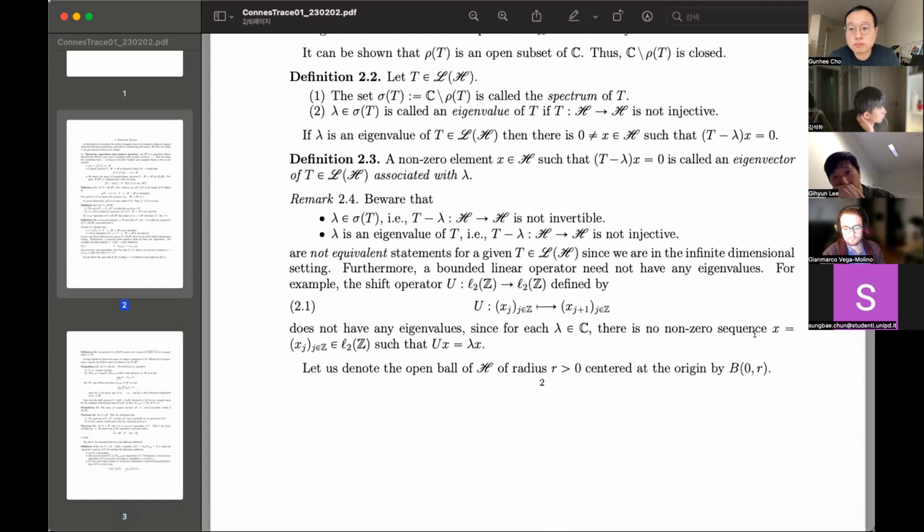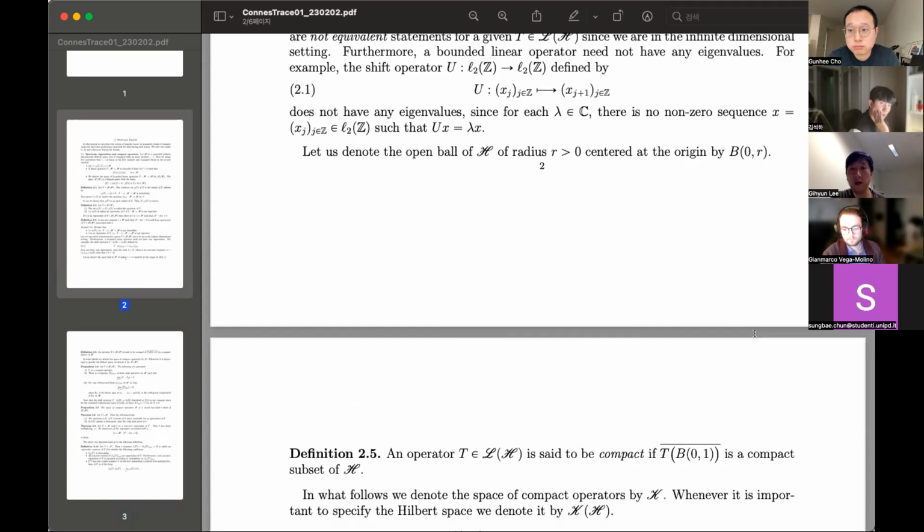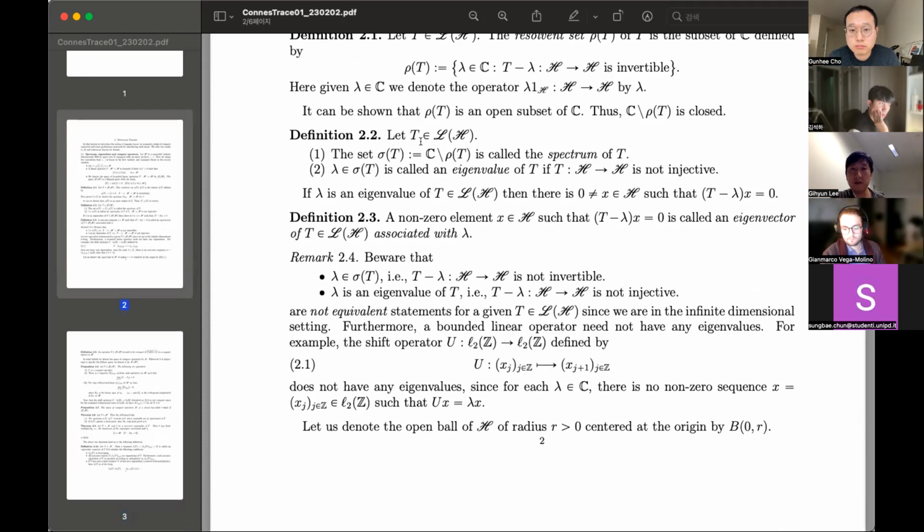Okay, so why do we start to discuss the spectrum or the eigenvalue? Later on, I will tell you that these are collections of numbers, and for a certain kind of bounded linear operator, we can extract a very nice sequence from the spectrum, and we will build a sort of numerical invariant from that sequence.